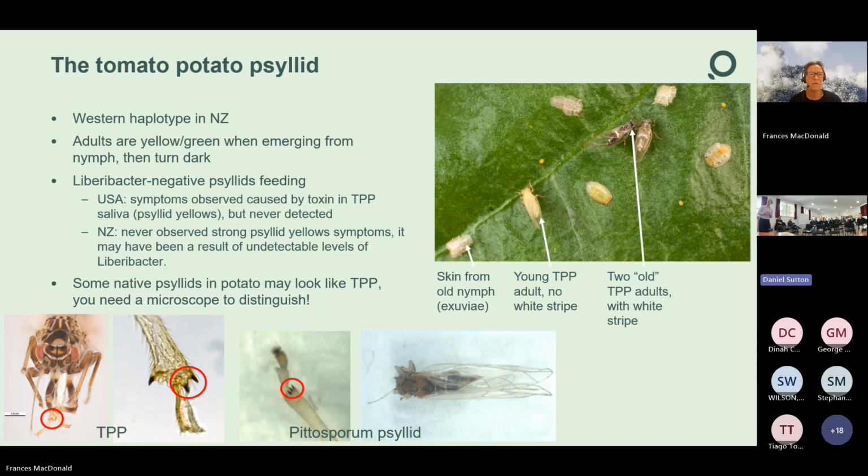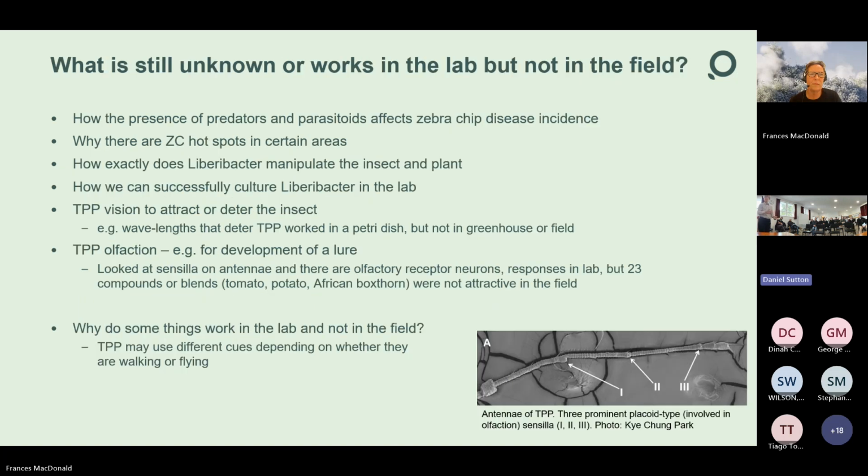Can you click again? TPP looks slightly different to the Pittosporum psyllid, and you need a microscope for that. You cannot tell them apart. So people like Fruit Fed who do the assessments of sticky traps are well aware that they can't just go by the white stripe on the psyllid. They actually have to look at the legs of the psyllid to make sure it's the right one.